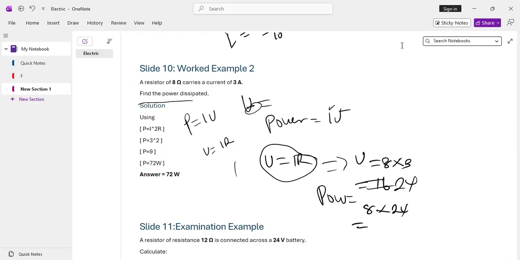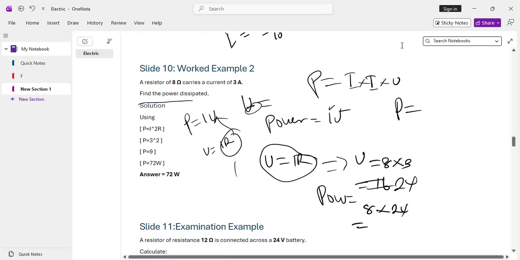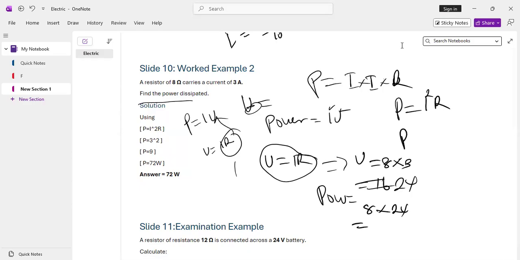So if you replace V with IR, we now have that P is equal to I multiplied by I multiplied by R, that is, P equals I squared R. Substituting this now, we have the current, 3, raised to power 2, multiplied by 8. And that's how we now get 72 watts. That's the answer.